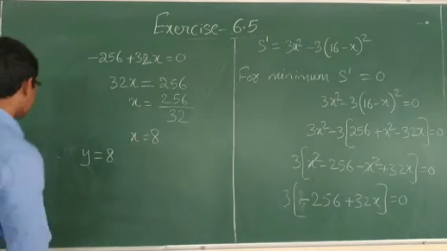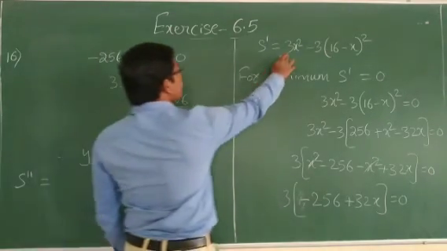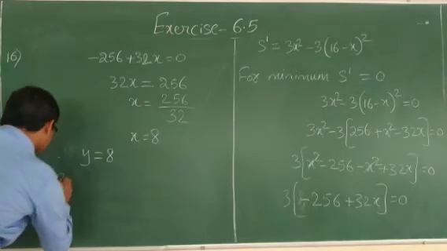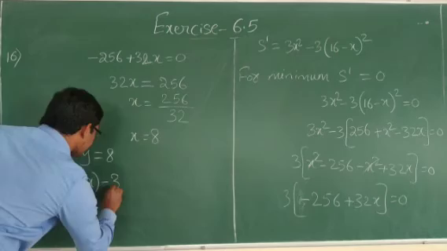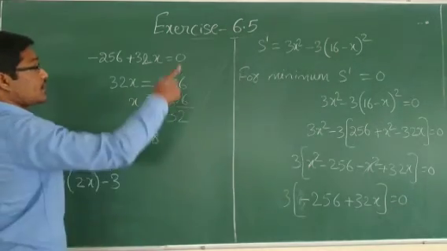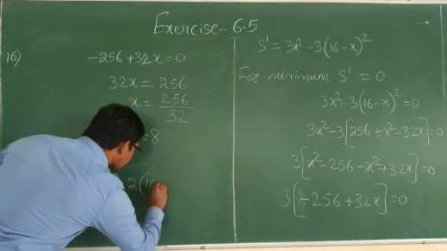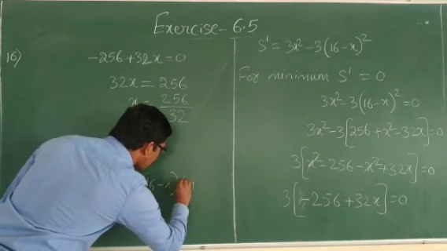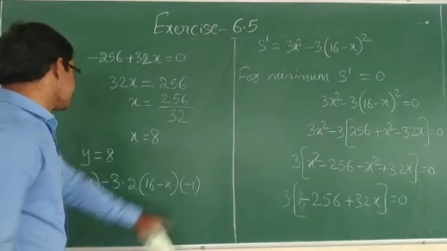For that we take the second derivative. That is the derivative of 3x square, which is 3 into 2x, that is 6x, minus the derivative of 16 minus x whole square, which is 2 into 16 minus x into minus 1. Again the derivative of 16 minus x is minus 1.